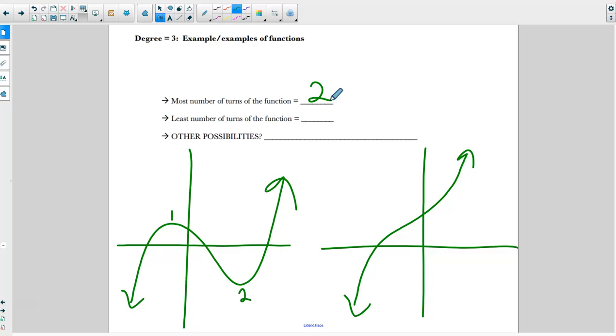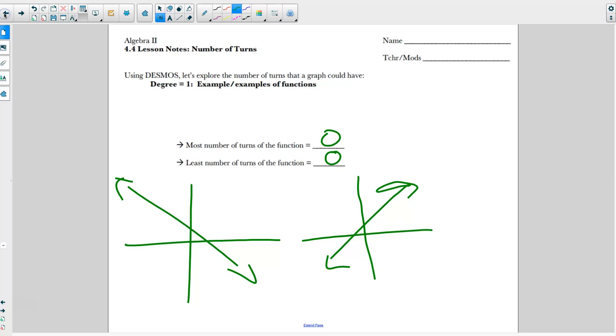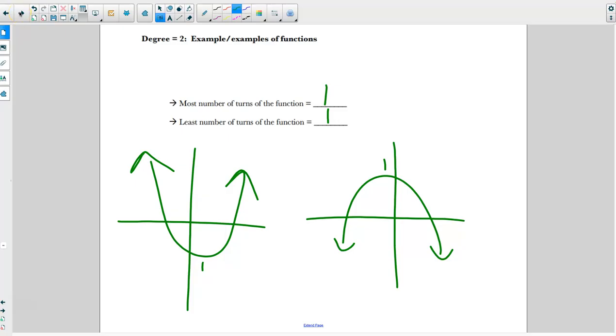If we look at the least number of turns, does this thing ever turn? It's got a curve in it, but that's not a turn. So the least number would be 0. There are no other possibilities at this point. So I'm just going to say, degree 3 and degree 1 share 0 as a possibility. It has nothing in common with degree 2.